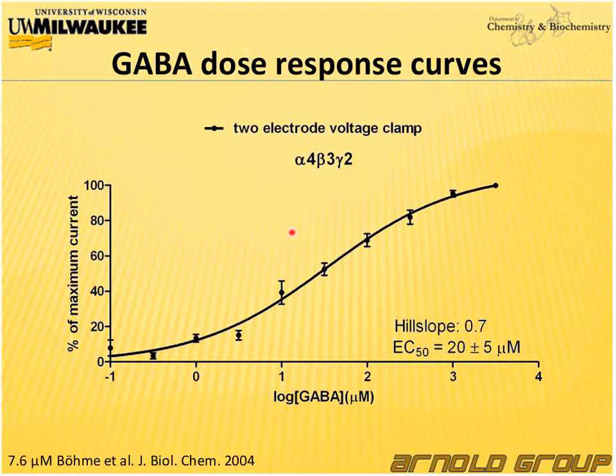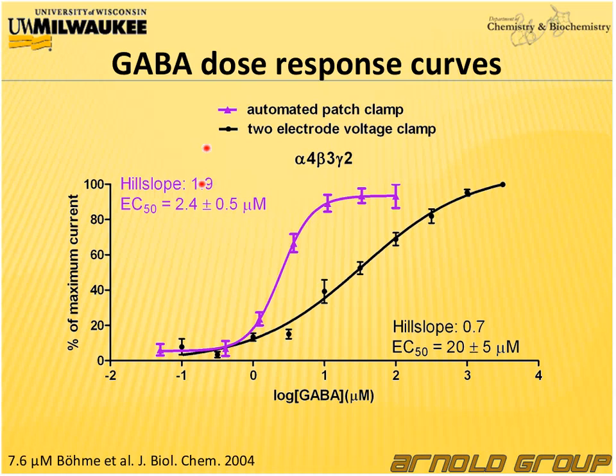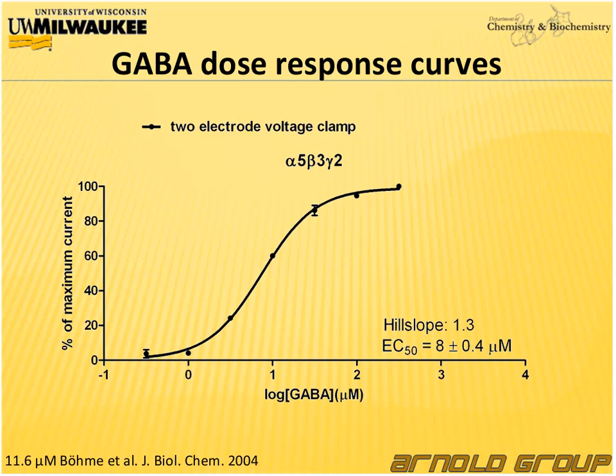For the alpha-4 subunit, for the manual assay, we find a relatively shallow slope. The Hill slope here is 1.7, and the EC50 is 20 micromolar. In our automated assay, we see that the Hill slope is higher, and the EC50 is also significantly lower. Regarding the sweeps here, we find a similar, smaller increase of the negative current, which is comparable with the alpha-2 subunit.